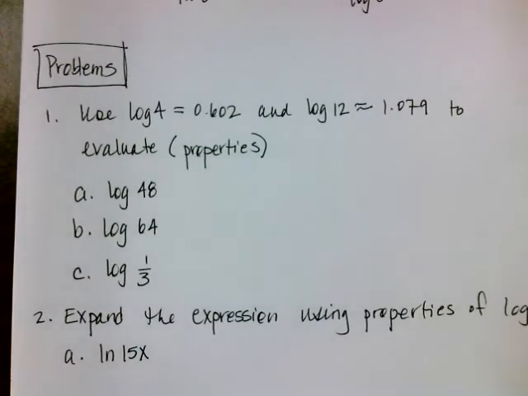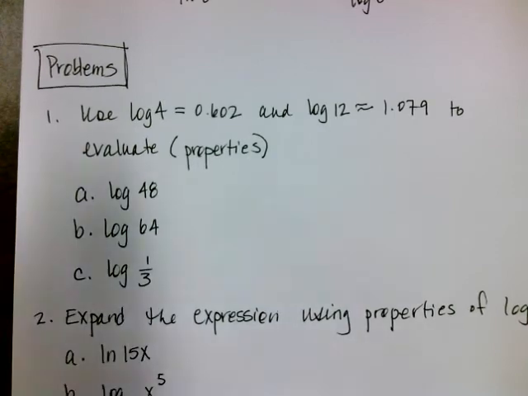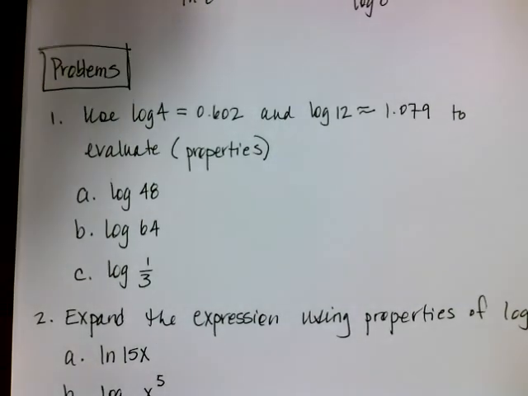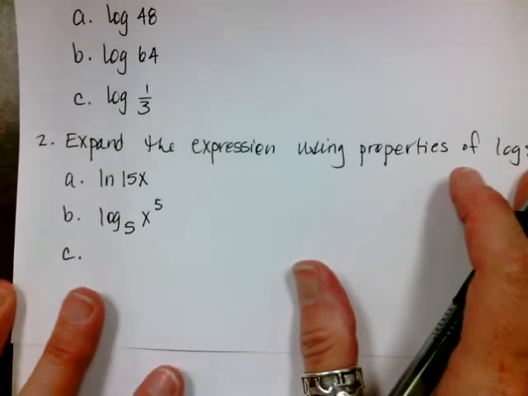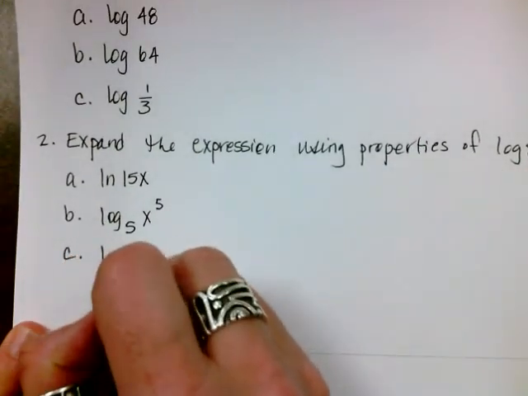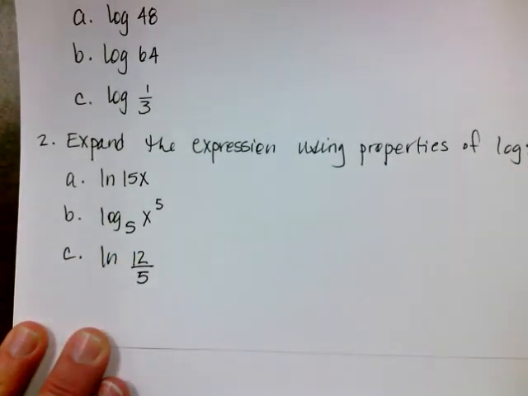Okay, let me turn the page. B is going to be the log base 5 of x to the 5th. And C, sorry, you can't see it. C is going to be the natural log of 12 divided by 5.